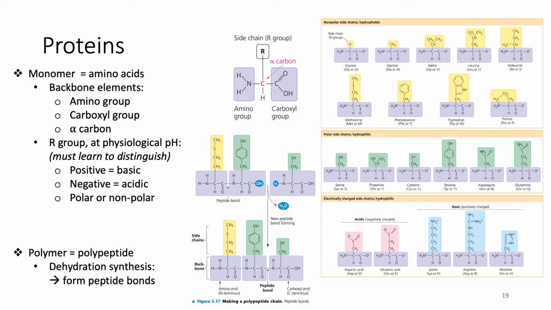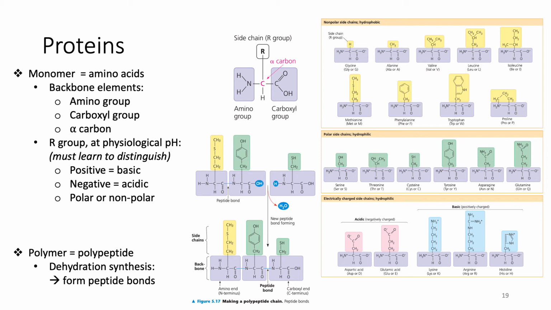Acidic amino acids are those with side chains that are generally negative in charge owing to the presence of a carboxyl group, which is usually dissociated, or ionized, at cellular pH. Basic amino acids have amino groups in their side chains that are generally positively charged. Because they are charged, acidic and basic side chains are also hydrophilic.